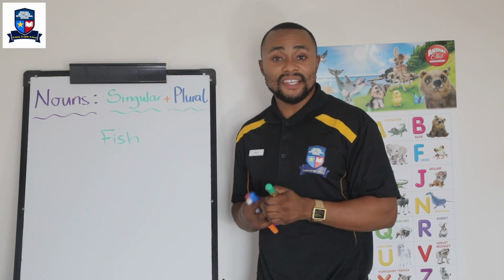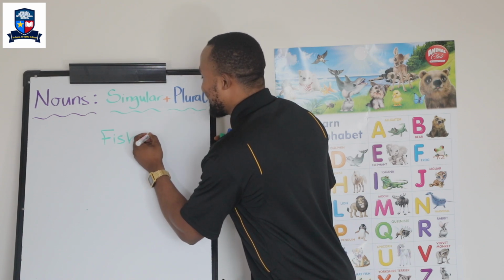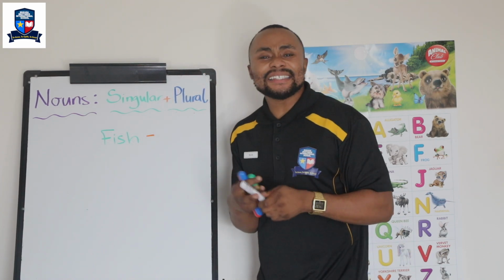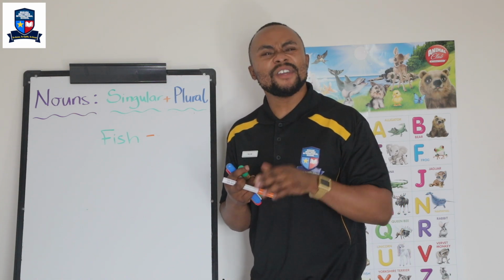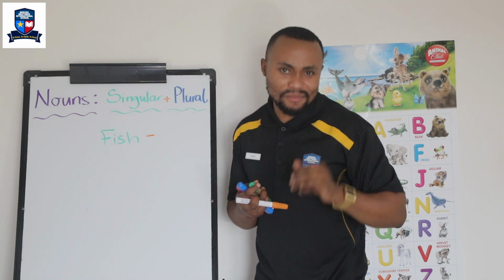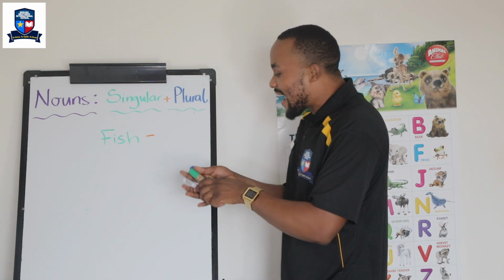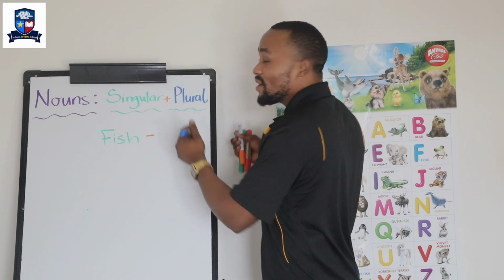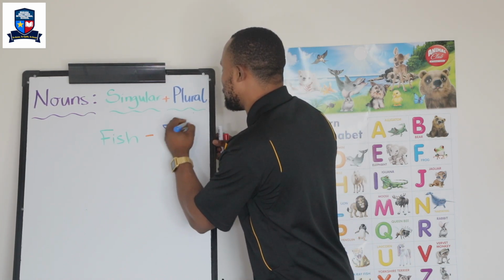Guess what? It doesn't change. It stays the same. I know, hey. So we can't say fishes. We can't say fishies. No, it doesn't make sense. That's not English, all right? So it stays the same as the plural form, as the singular form. Just fish.